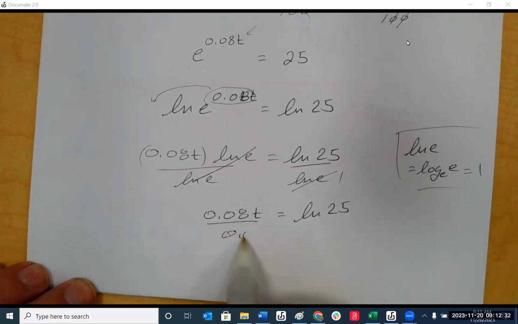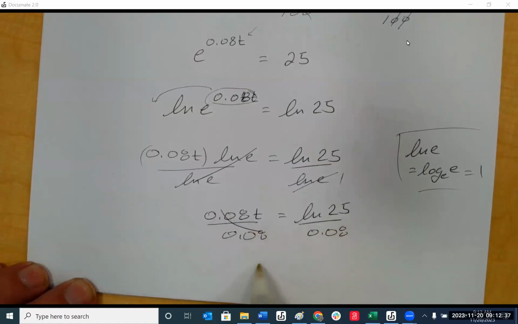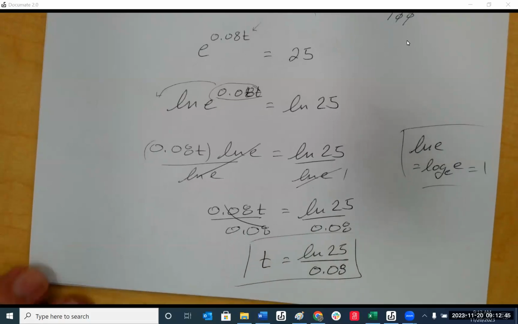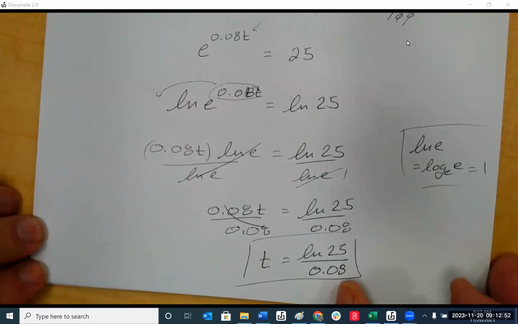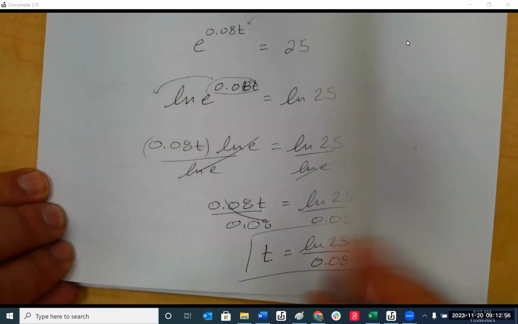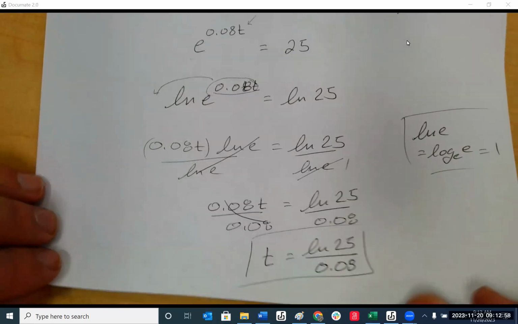Divide both sides by 0.08. And then use your calculator and do that. So far, so good. There aren't many rules. You just have to be able to know when to use them.